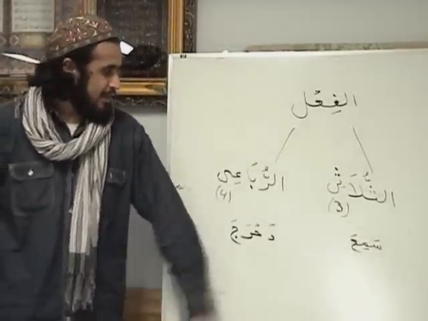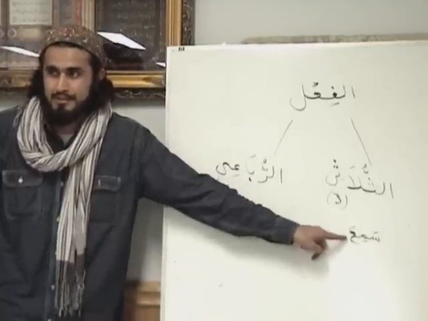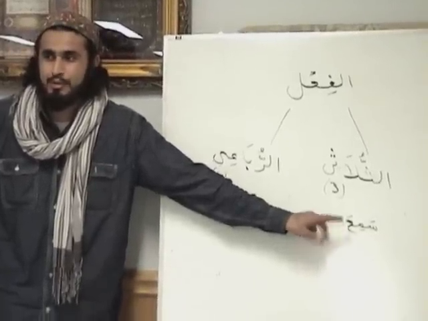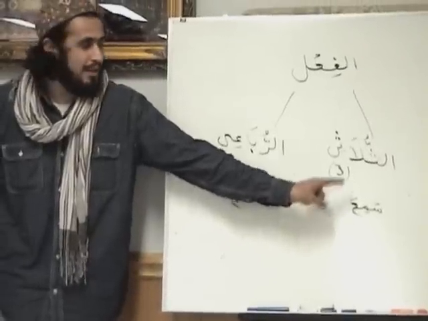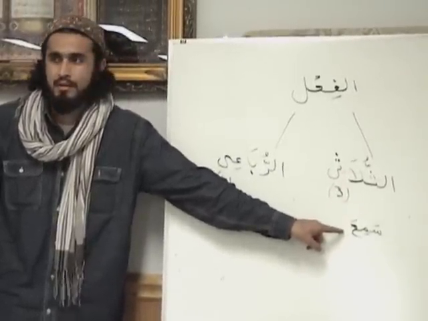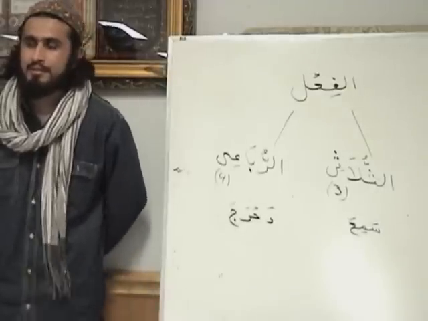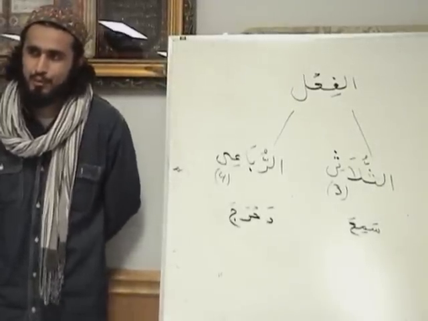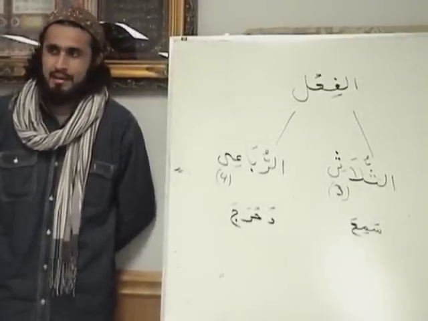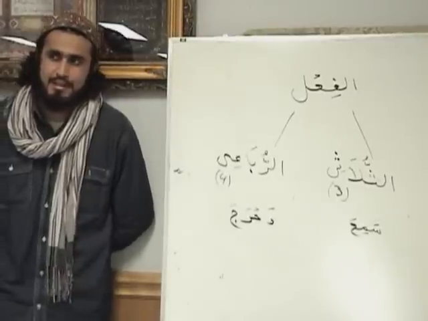Now from this, you can derive something which will have many more letters, but the original letters will still be 3. So that will be a subcategory of this. For example, from sami'a, you might derive istima'. Istima' has many more letters. It has a ta in it, alif at the beginning, istima', and then sin and mim ayn.